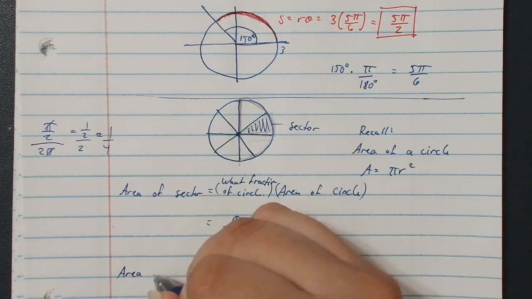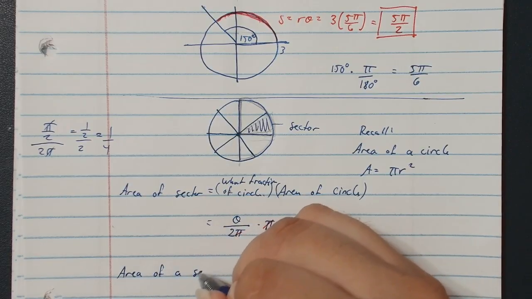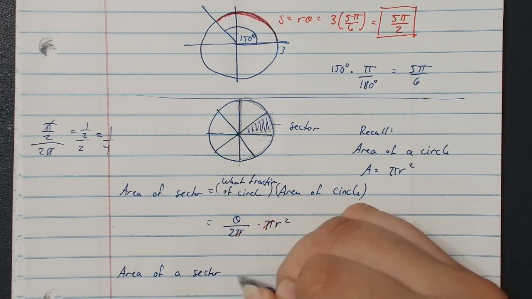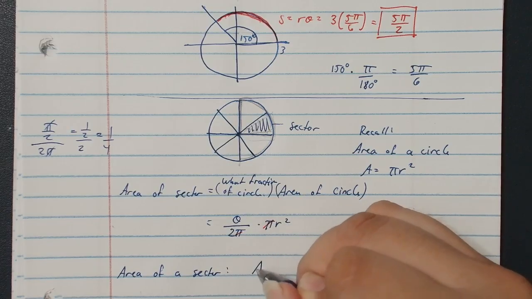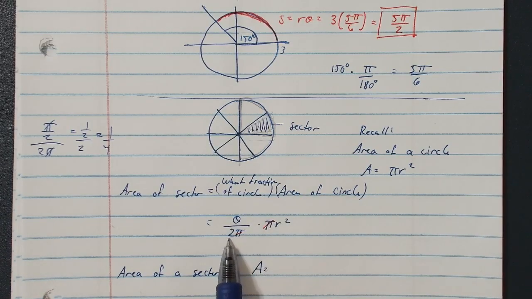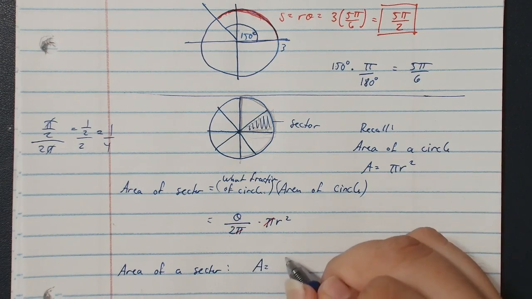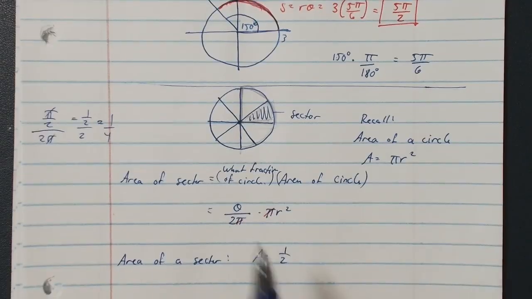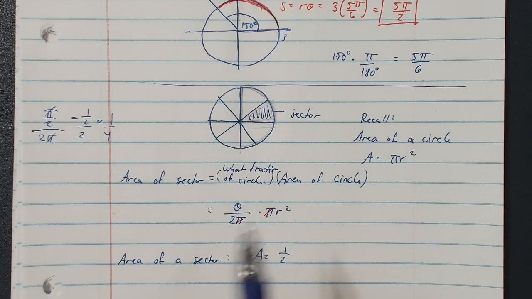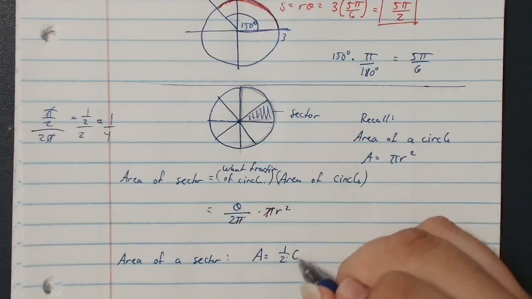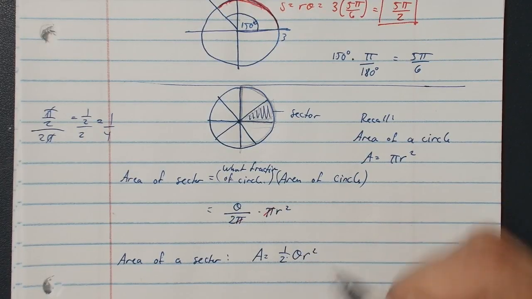The area of a sector equals, we've got a 2 left, but it's in the denominator, so we're dividing by 2. Usually the formula is written as 1/2, and that's fine, because dividing by 2 is the same as multiplying by 1/2. So it's 1/2 theta r squared.